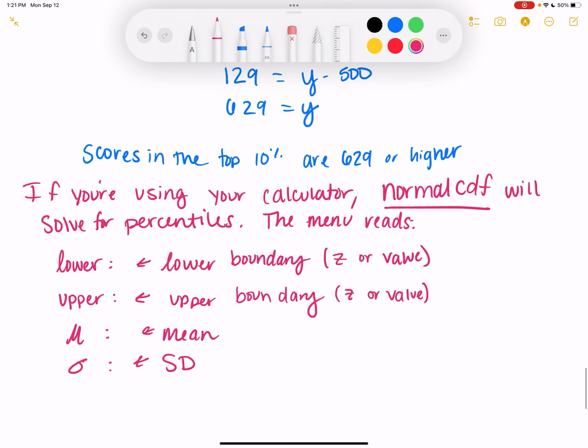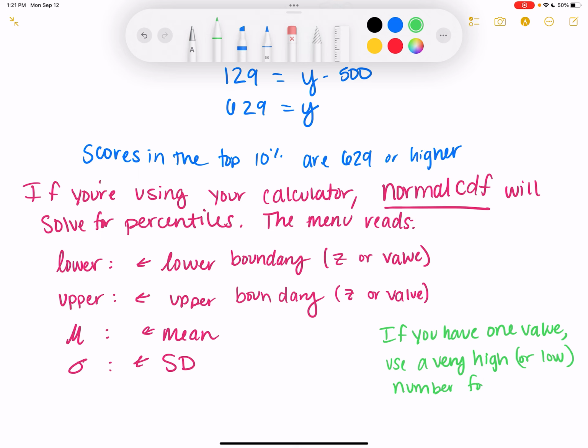And so then just the thing that I was commenting, if you have one value, okay, and that's all that you were given, use a very high or low, as the case may be, number for the other boundary.